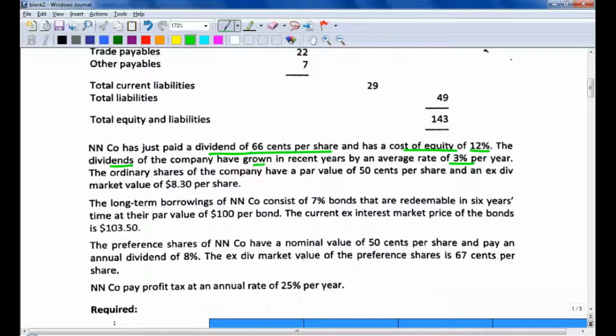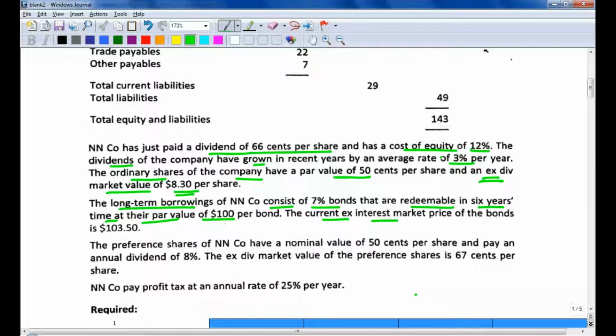Ordinary shares, bonds redeemable in 6 years at their par value $100.